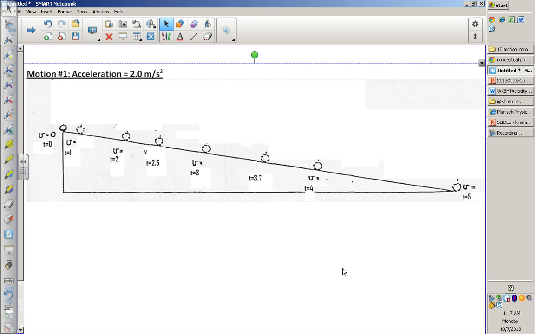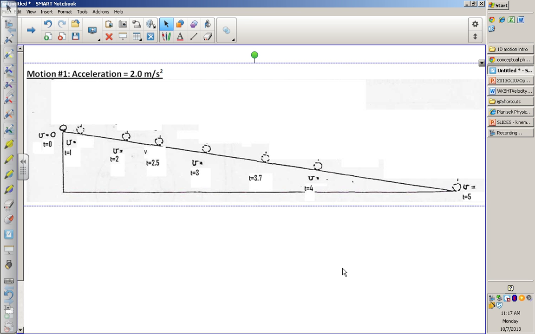Then I told you that the acceleration on this ramp is equal to what? 2, right? 2 meters per second squared. And for this point in particular, the amount of time that goes by is 3.7 seconds. So we plug that all in, and I'm pretty sure we should end up with 7.4 meters per second.